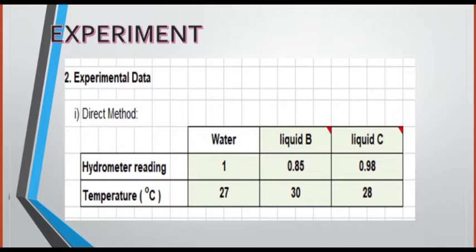For the liquid B, hydrometer reading is 0.85 and temperature is 30. For the liquid C, 0.68 and the temperature is 28.